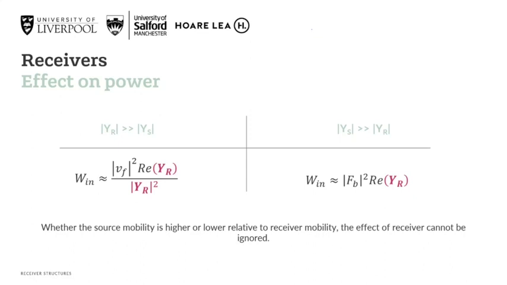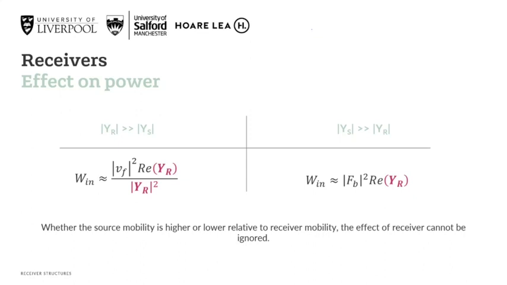And you can still see you cannot take the effect of the receiver mobility out of the power injected relationship. So the key point here is whether your source mobility is very high or low relative to receiver mobility, don't just ignore it. You'll have to still make a check or account for it using these equations. So you can't ignore the effect of the receiver in a general case or in an extreme case.